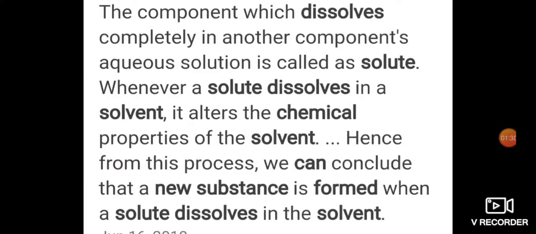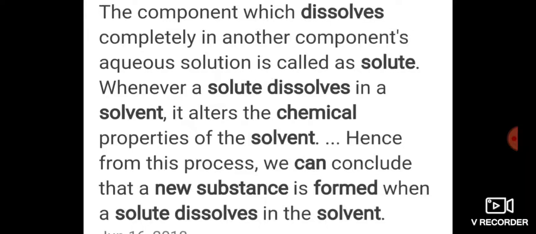The component which dissolves completely in another component's aqueous solution is called the solute. Whenever a solute dissolves in a solvent, it alters the chemical properties of the solvent. Hence, we can conclude that a new substance is formed when a solute dissolves in the solvent.